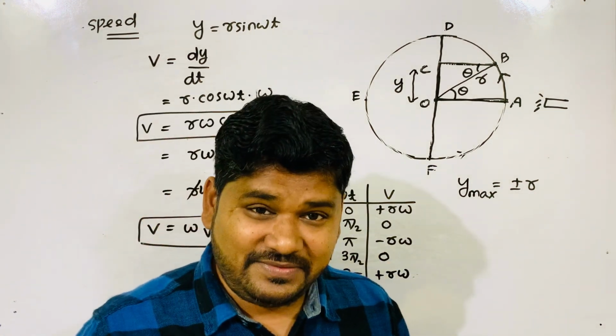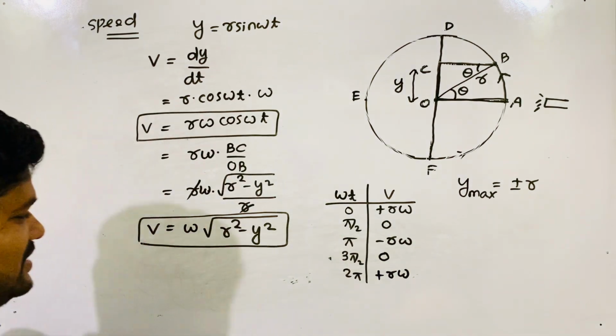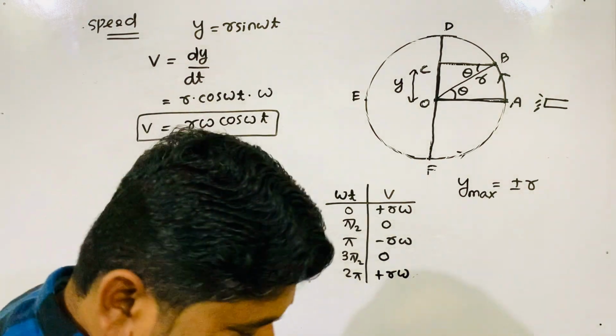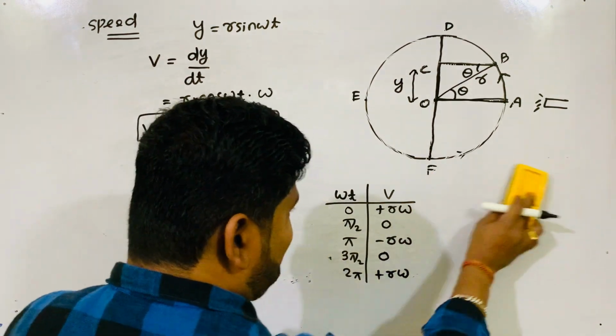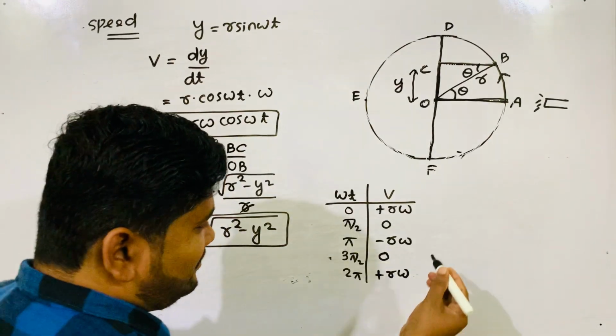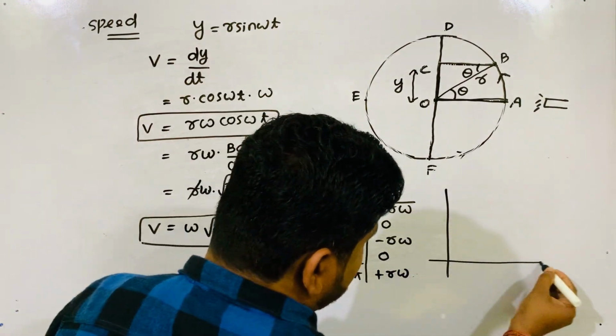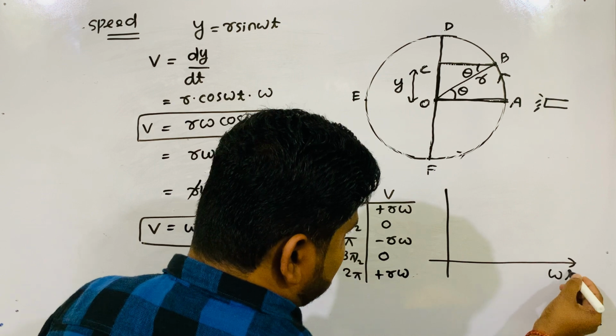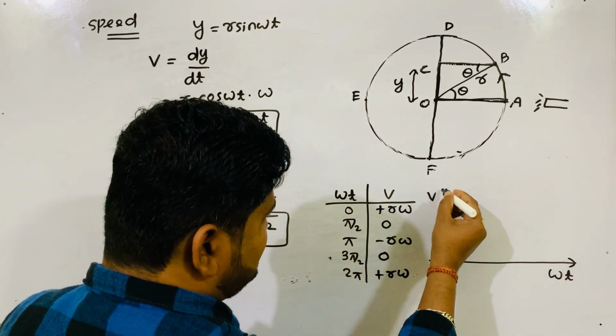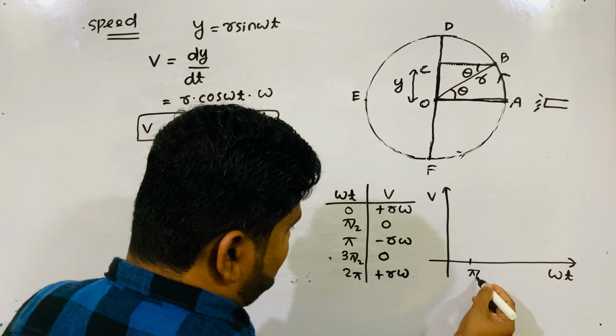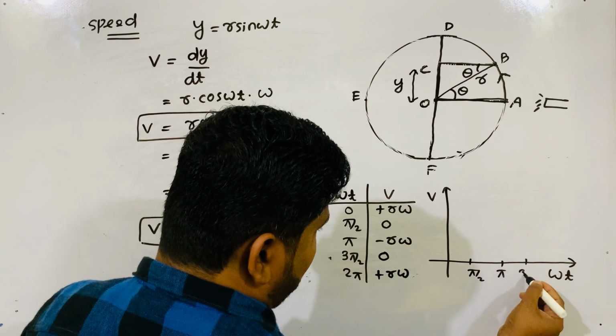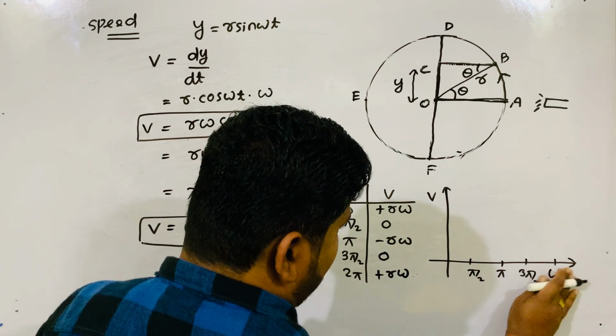We must draw the graph. So now let's come and draw the graph here. To draw the graph, take v on this axis and omega t on this axis: pi by 2, then pi, then 3 pi by 2, then 2 pi.